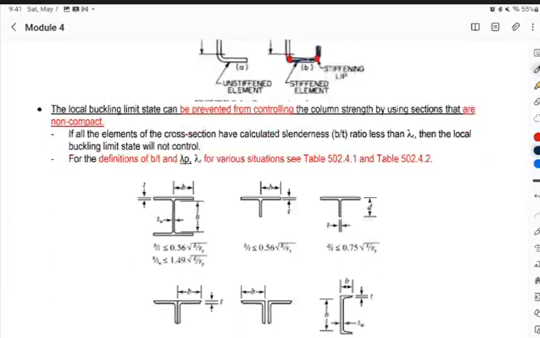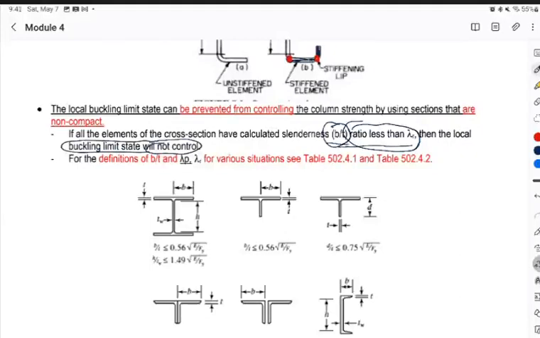That is what we should check: b/t should be less than lambda r.